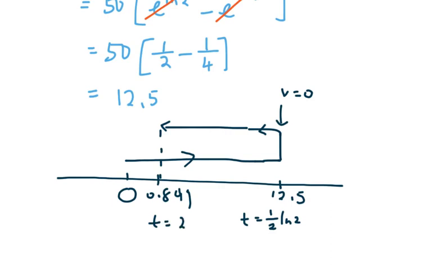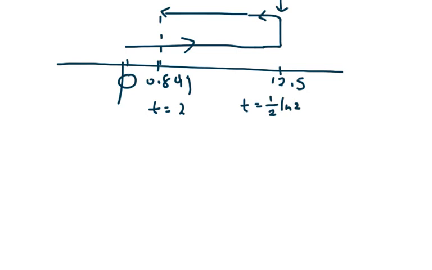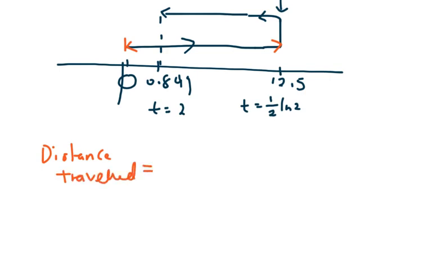So to calculate how far it has traveled in these 2 seconds, it will be taking the first part from here to here. So the distance traveled will be the first part, 12.5, plus, after it makes a U-turn, the distance from here to here.